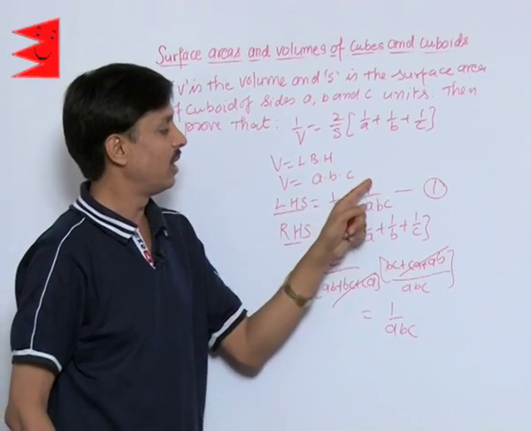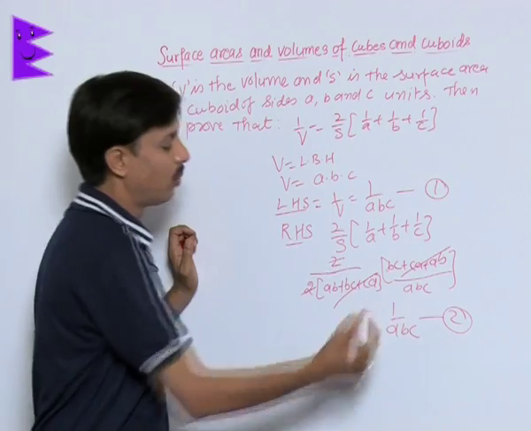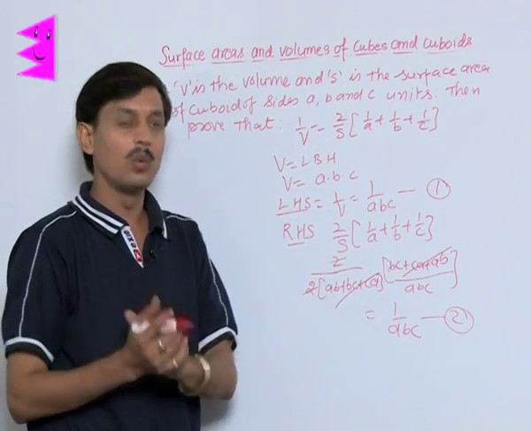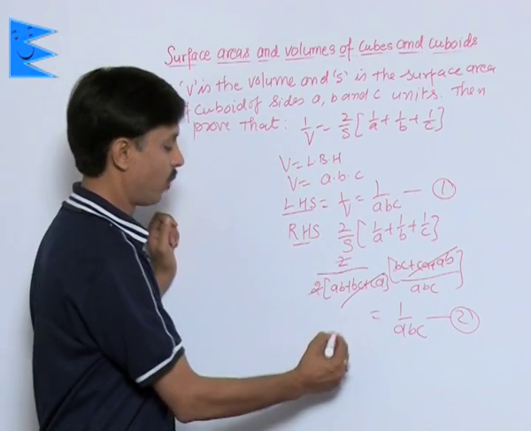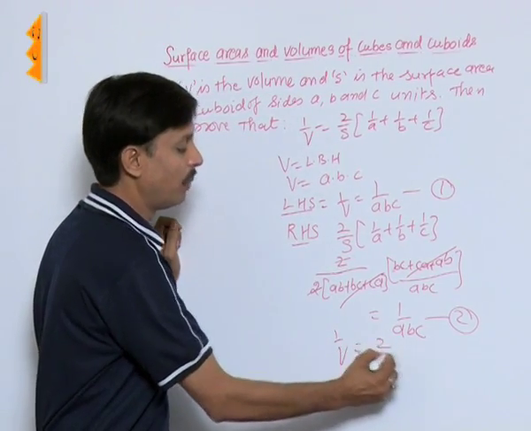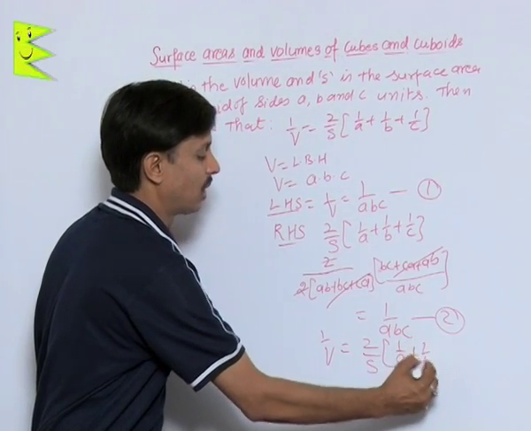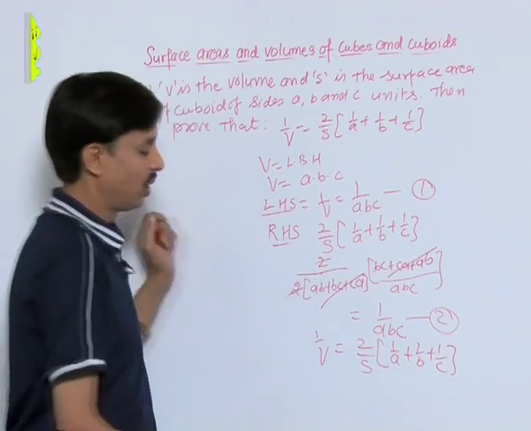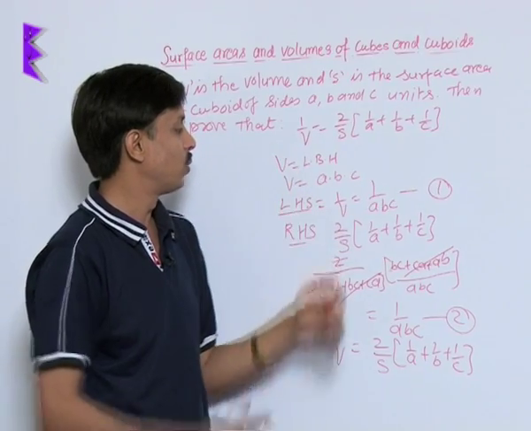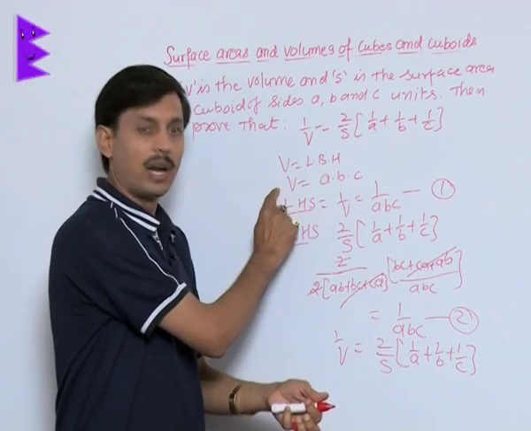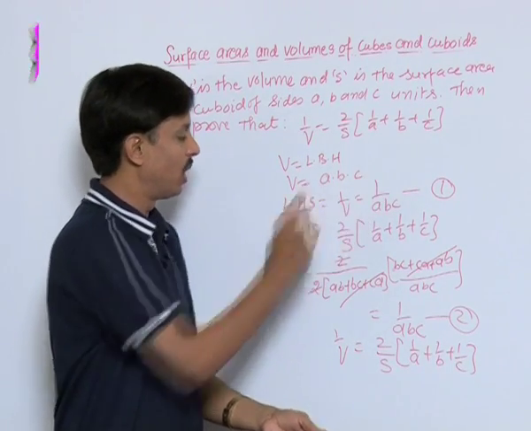So the left hand side is 1 upon ABC, and the value of the right hand side is also 1 upon ABC. So what conclusion can we draw? For a cuboid having volume V, 1 upon V is equal to 2 upon S times 1 upon length plus 1 upon breadth plus 1 upon height. The proof is shown here. The left hand side is length into breadth into height, volume ABC, so 1 upon V means 1 upon ABC.